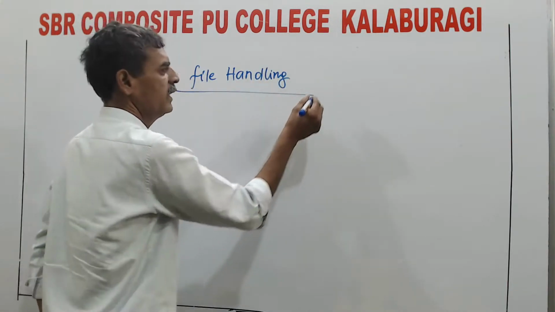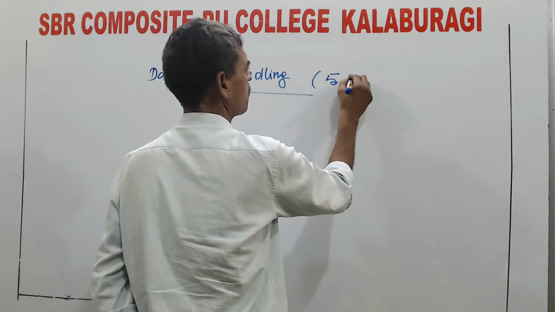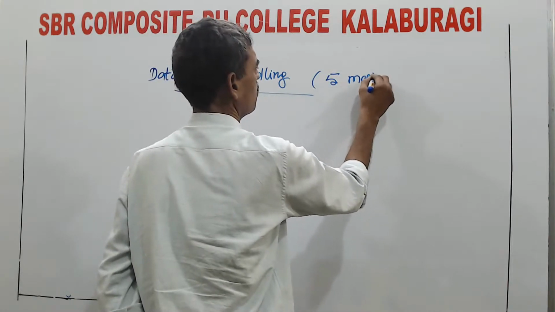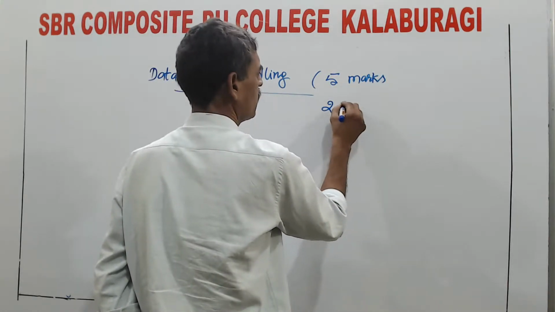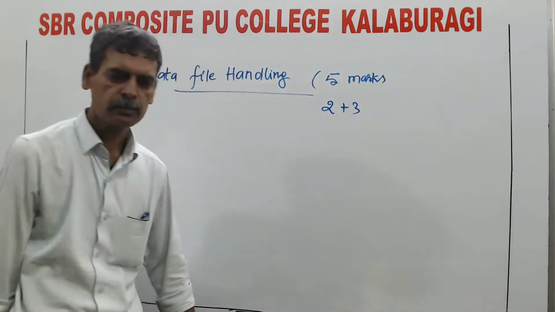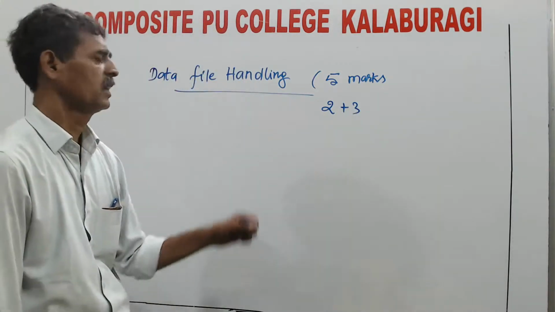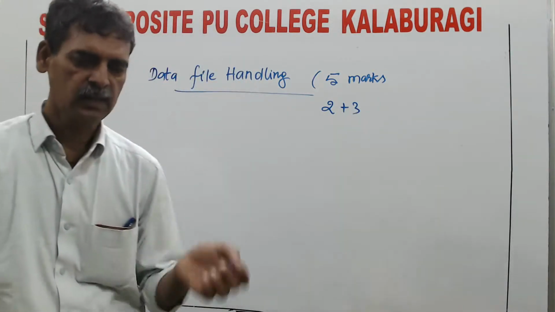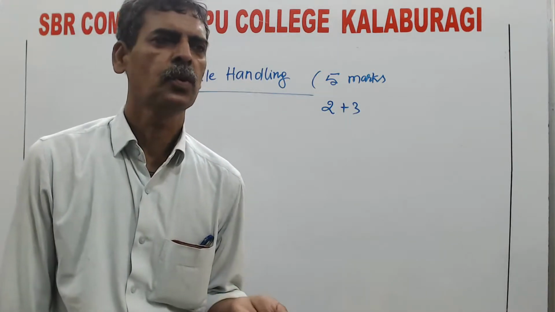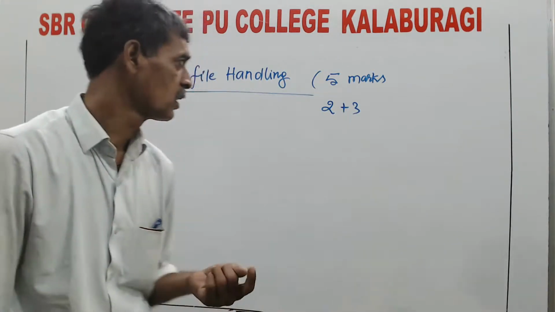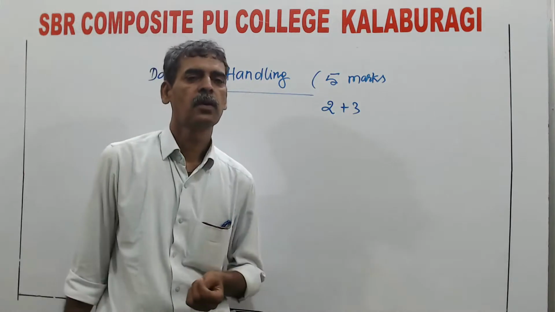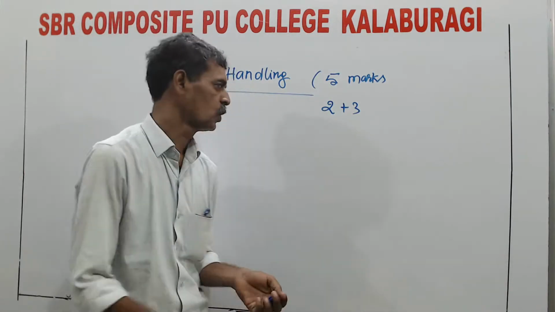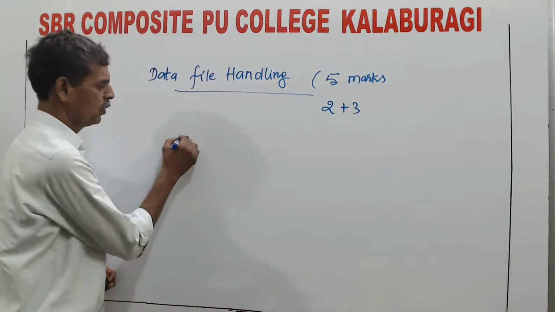Data file handling carries 5 marks: one 2 mark and one 3 mark question. It's a simple chapter. Hardly you will get 3 to 4 three marks questions, around 5 to 6 two marks questions. So computing C++ will be over.